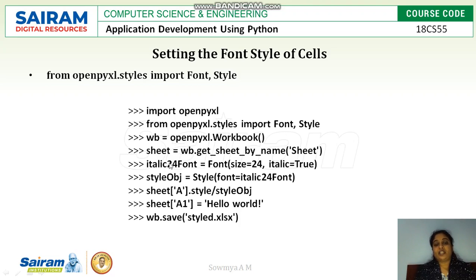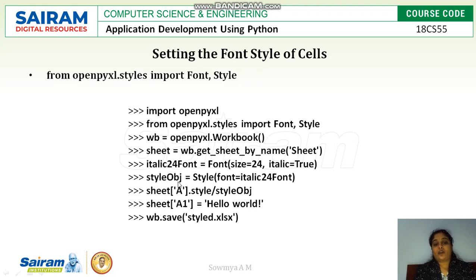Italic 24 font is the object name, which is equal to the Font function with size and name. Setting italic equal to True will make the cell italic, and False will give you a cell that is not italic, and it will work with bold and underline as well.